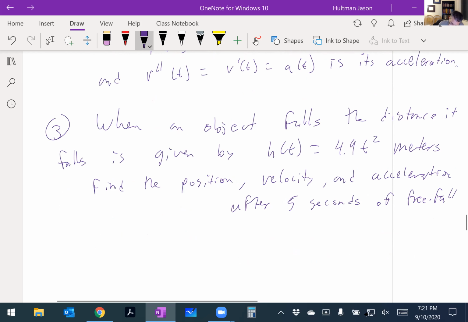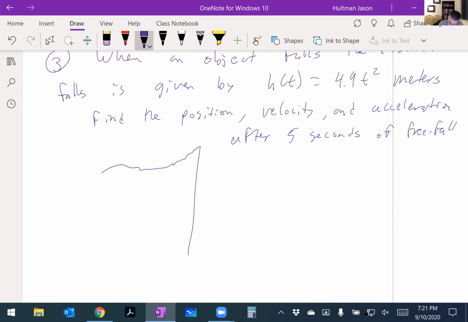Okay, so we're up here on this cliff. Boom, that's me. Look at me. I'm awesome. What a handsome man. Always smiling. Okay, and I drop something off of the cliff, right?